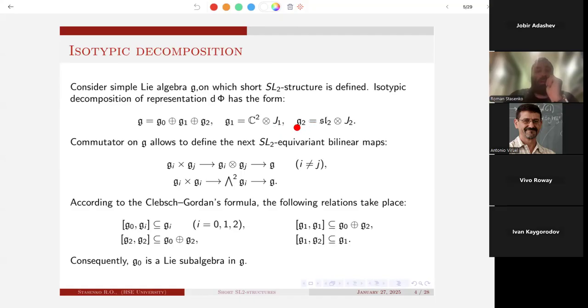And the last summand is the tensor product of SL2 and the other vector space G2. So our aim is to investigate what are the algebraic properties of G1 and G2.